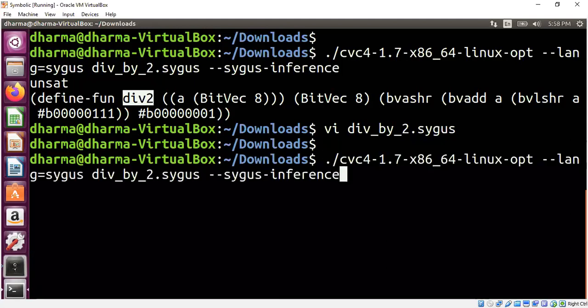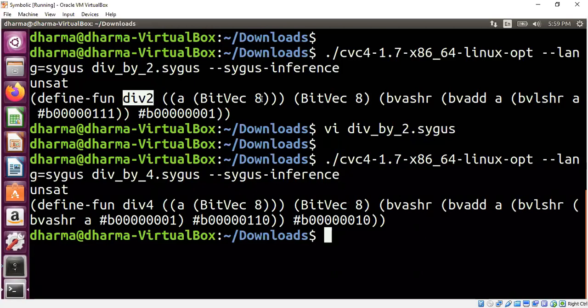So let's try with 4. 4 may be more involved, but the synthesizer does a good job. I was really surprised. I never used it, but it seems to be very good at finding programs. There are scalability issues, but if you know how to scale it properly by not overwhelming it with large bit size. I deliberately chose a small bit vector size just to get the answer I need.